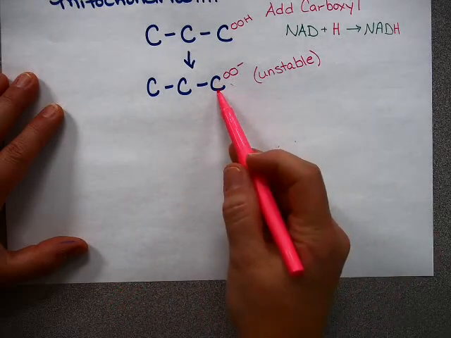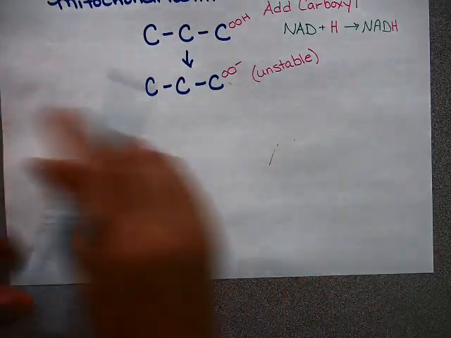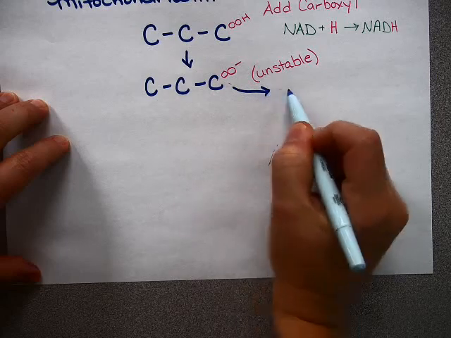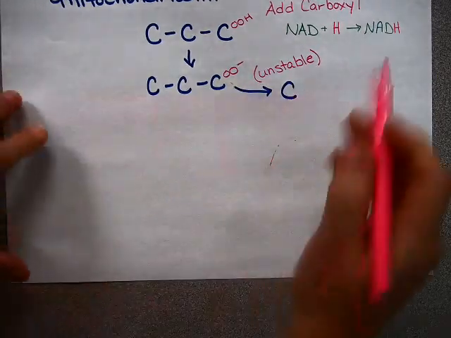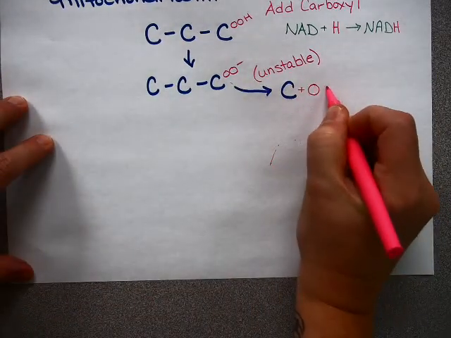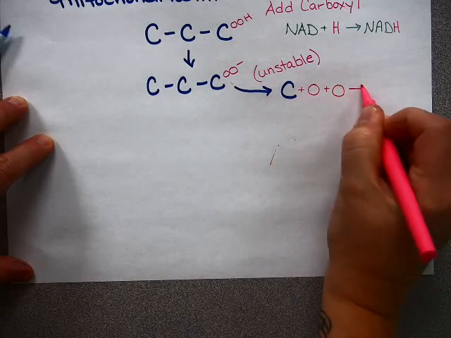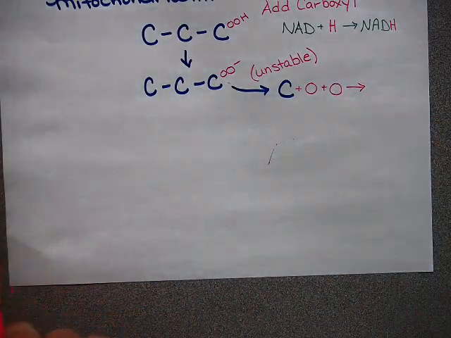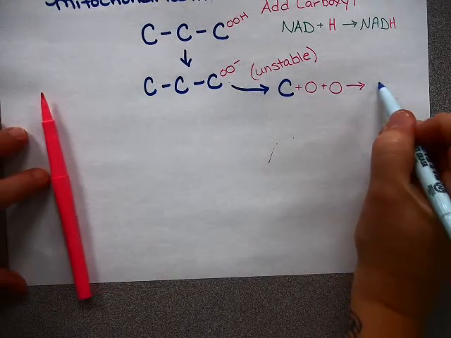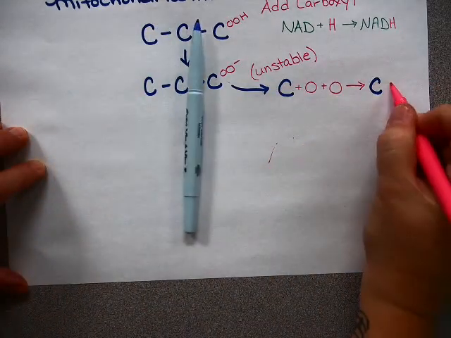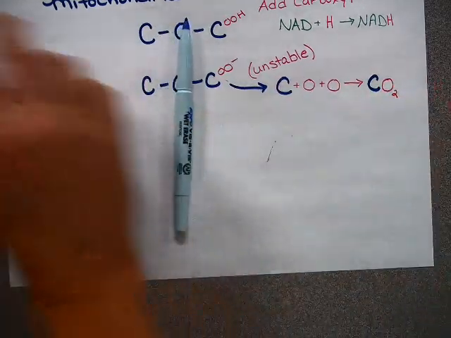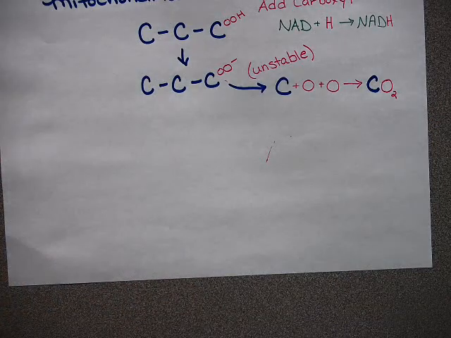Since this is unstable, we're going to pull that C off of there. And we're going to have C plus O, and that's going to equal CO2. I wanted you to see how a CO2 molecule can be made.